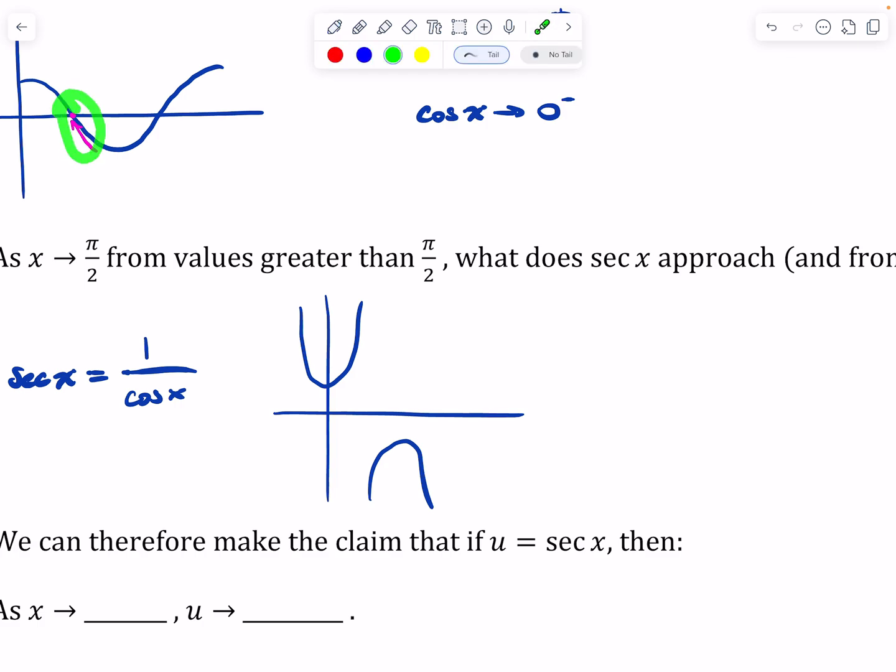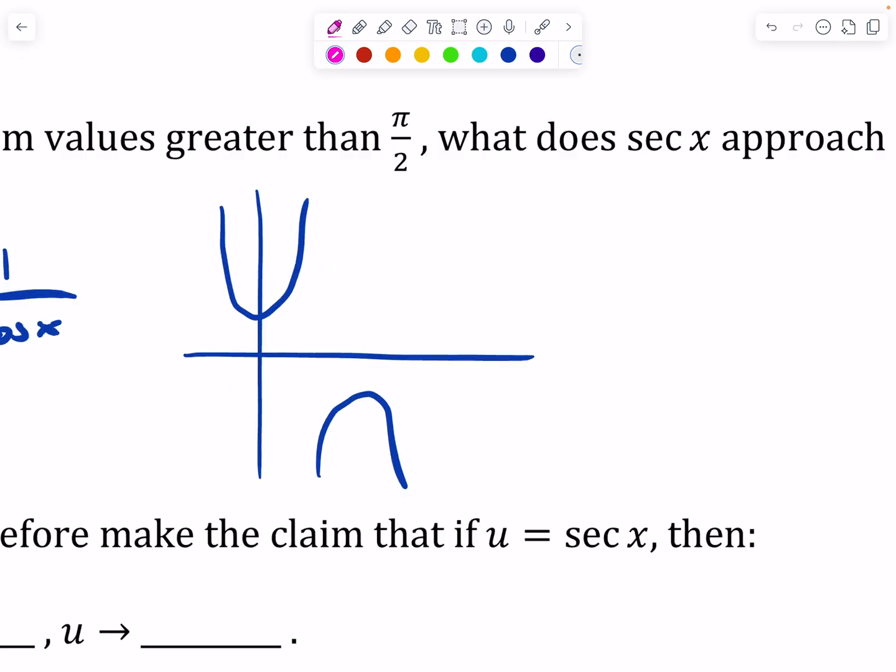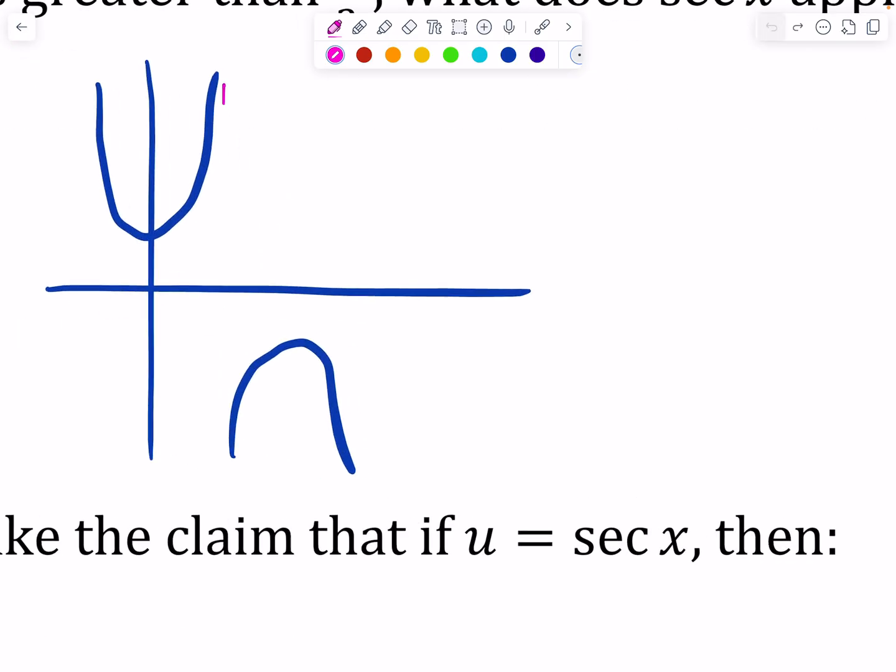As x is approaching pi over 2, secant of x is getting undefined. It's trying to either go to positive or negative infinity, but we're going from this side of things, from greater than pi over 2, which means, I want my asymptote in a different color, which means we're approaching from this direction, and we're following the curve this way.